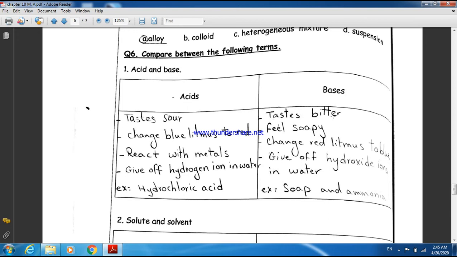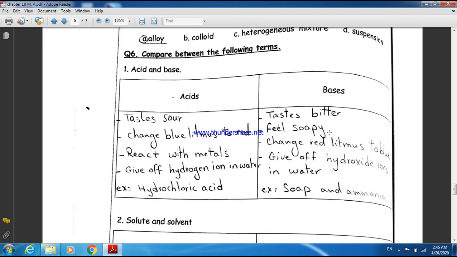What about the bases? Taste bitter. You know bitter, not sweet. Feel soapy. That means that it has a slippery feel, like soap. Change red litmus paper to blue. When you put the red litmus paper in bases, you will find it changes to blue.